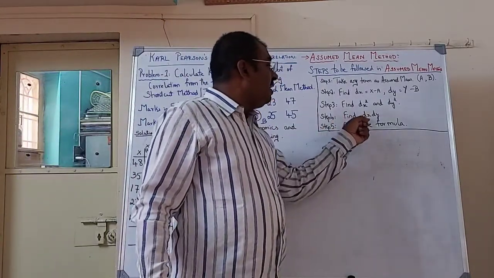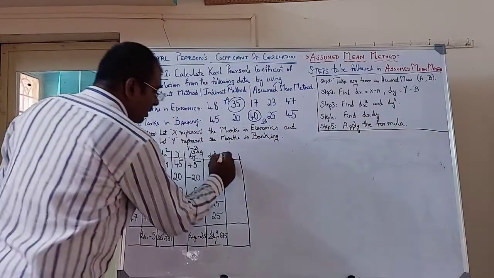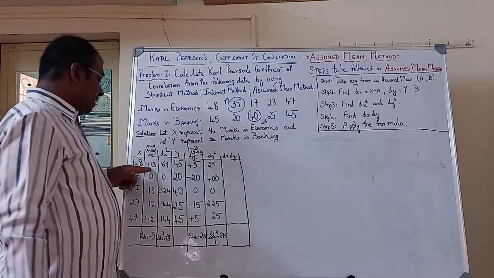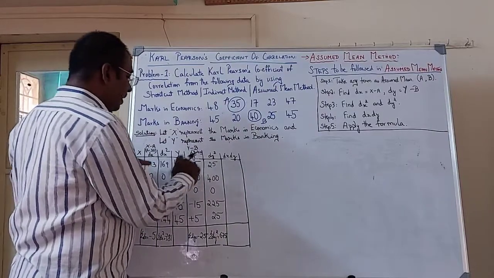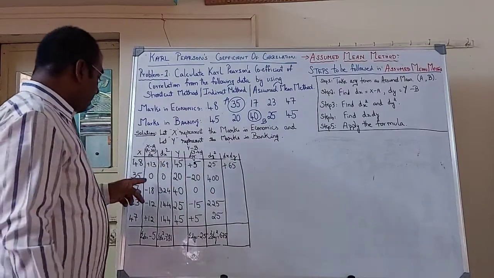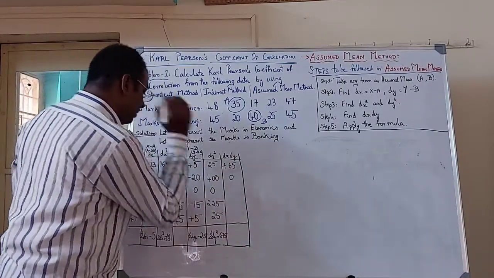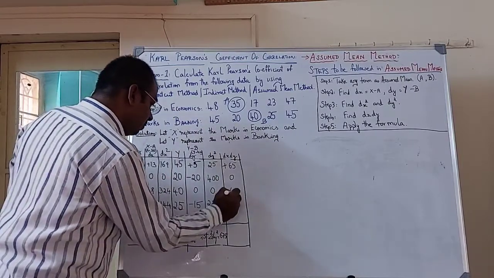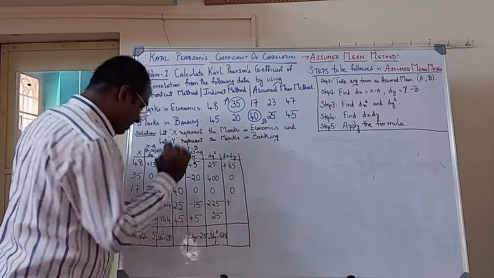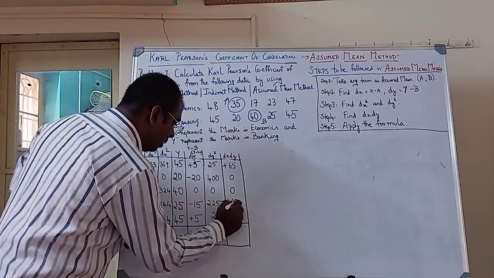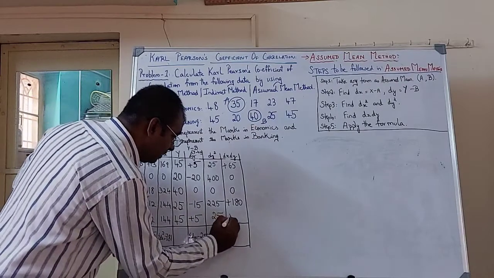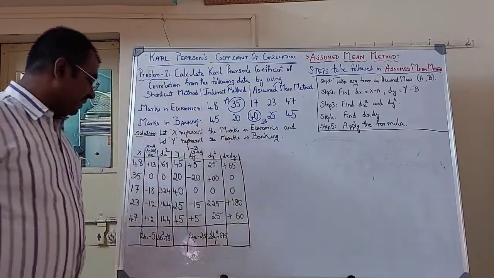Now that we have got what is dx and what is dy, we will go to step 4, which is calculation of dx dy. Dx is plus 13, dy is plus 5, 13 5s are 65, and the symbol remains plus. Plus into plus is plus. 0 into minus 20, 0, minus 18 into 0, 0, minus 12 into minus 15, minus into minus becomes plus, 12 into 15, 15 12s are 180, and plus 12 into plus 5, it is plus, 12 5s are 60.